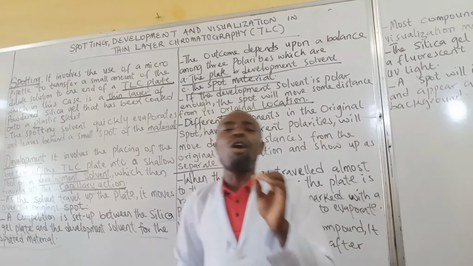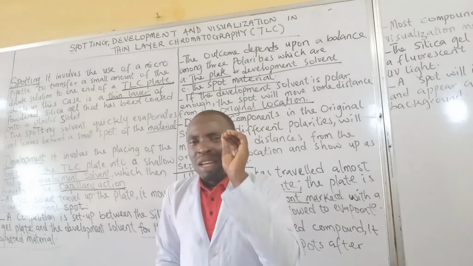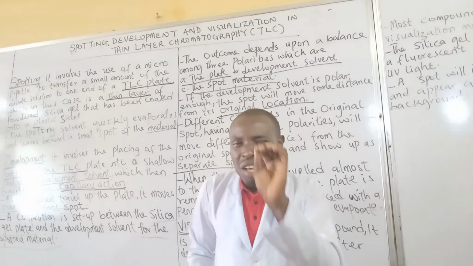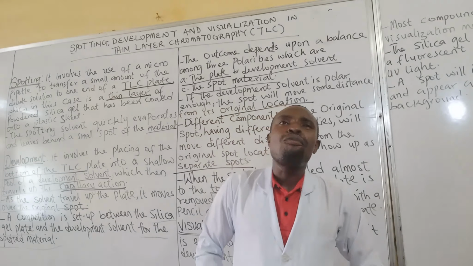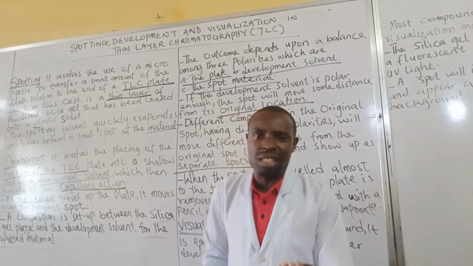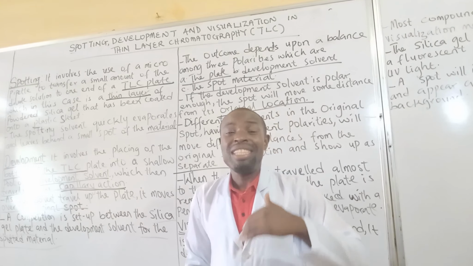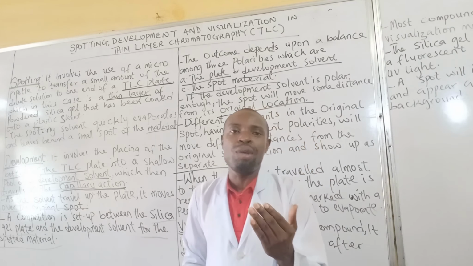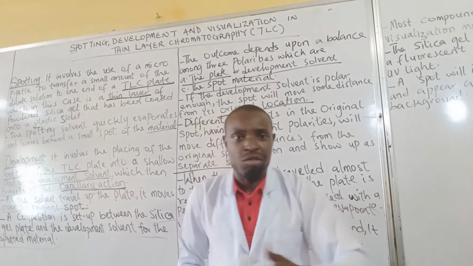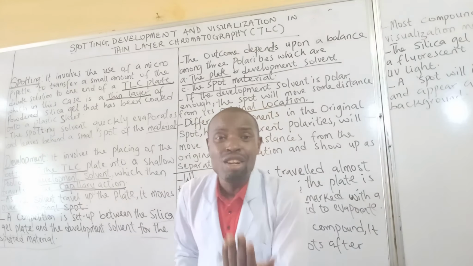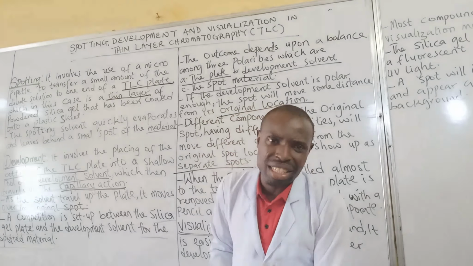Now, in the case of the last step, which is the visualization step, in terms of colored substances, it is very easy for us to identify them. We just circle them. They are very easy to identify.